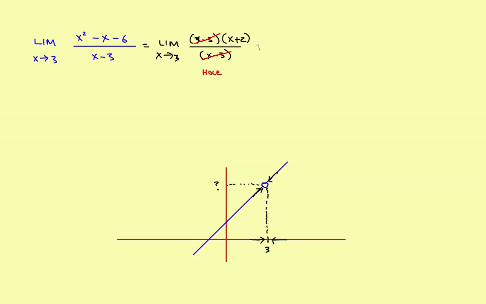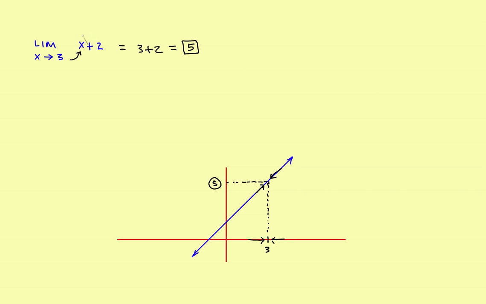So now you do the following. Since those cancel out, that leaves you with this equivalent problem. What's the limit as x approaches 3? And the only thing that's left over now is x plus 2. So what you did in this case, you canceled out the problem, and it reduces down to this. Now again, and we'll go back to that first example, this is exactly the same thing as the first example, but without the hole.